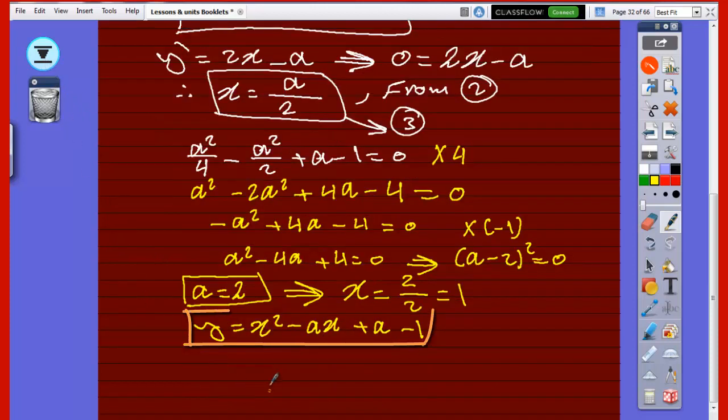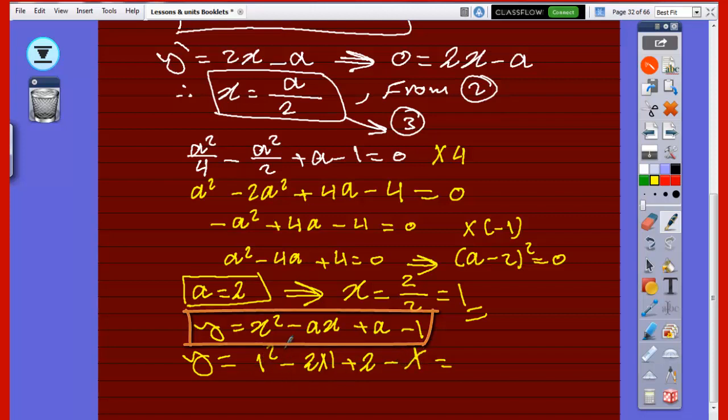Substituting x equals 1 and a equals 2, we will get the value of y. y equals 1 squared minus 2 multiplied by 1 plus 2 minus 1, equals 1 minus 1 equals 0. Negative 2 plus 2 also equals 0. So the y coordinate equals 0.